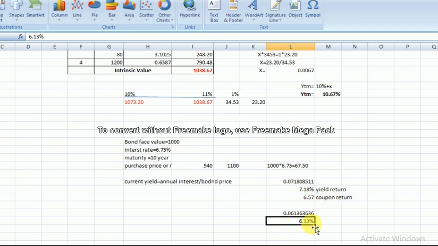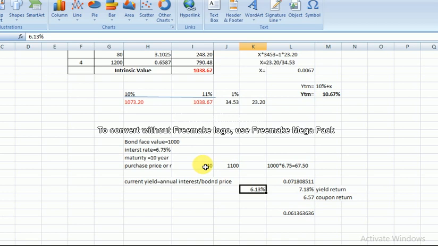So in this case the yield return is 6.13 and our coupon return is 6.75. The coupon return is more than the yield return, so it shows that the bond is trading at a premium price in the market.